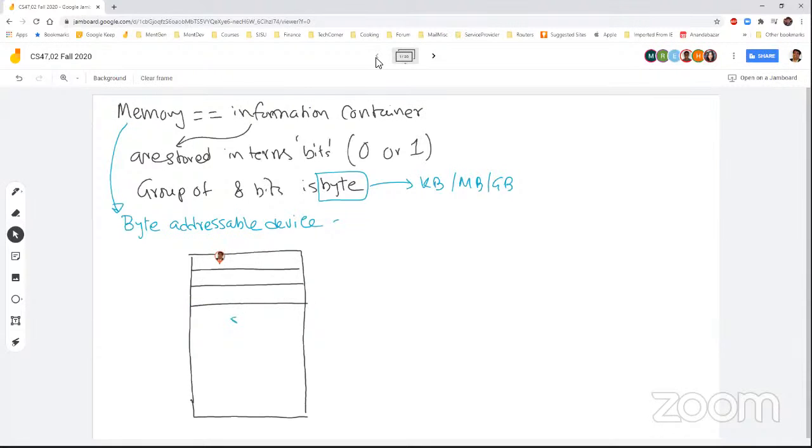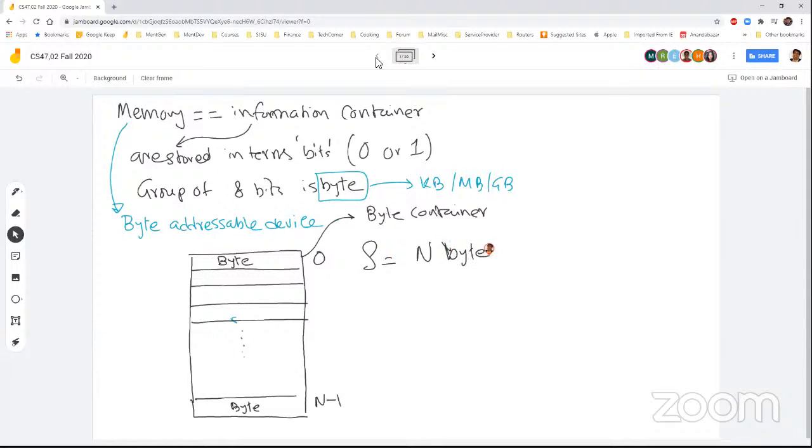This is a 1 byte storage, storing 8 bits inside it, and it has many such byte containers. So now our problem is easy. If there are n containers, with 0 to n-1 as the index, then the total size is practically n bytes.